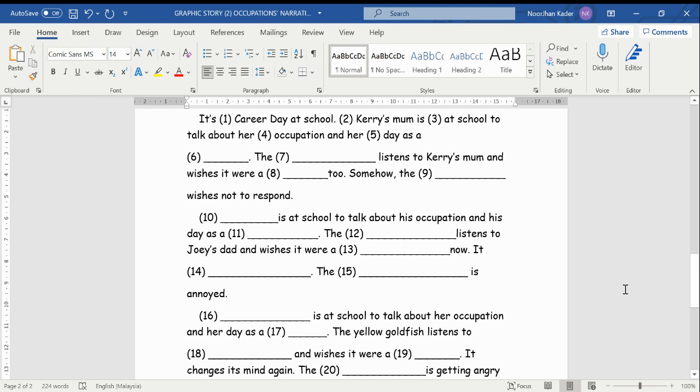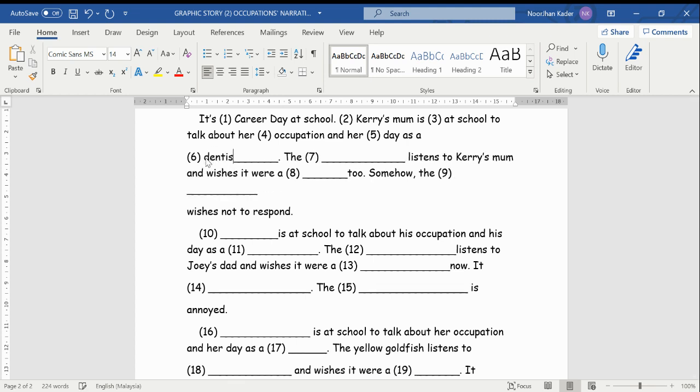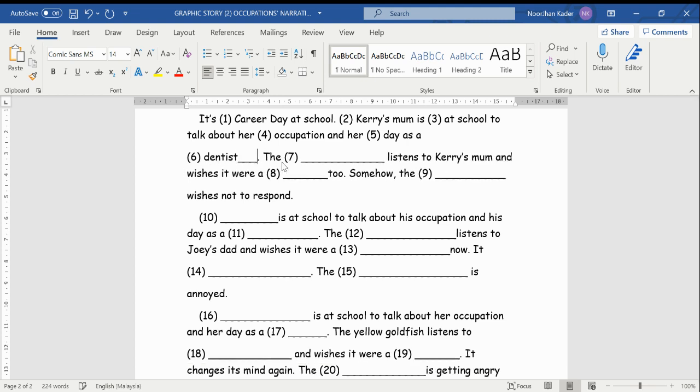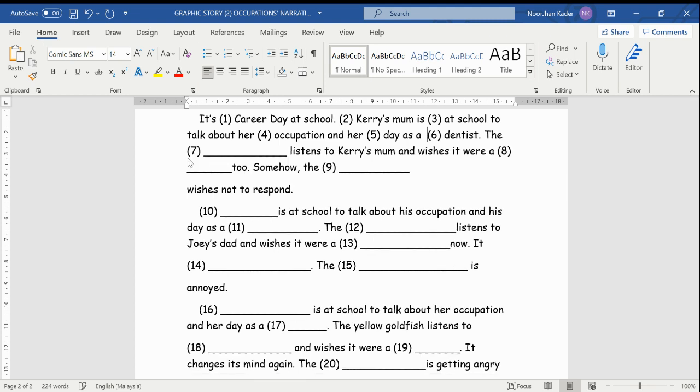As a, okay, number 6, supposed to be here. Dentist. As a dentist. Okay.